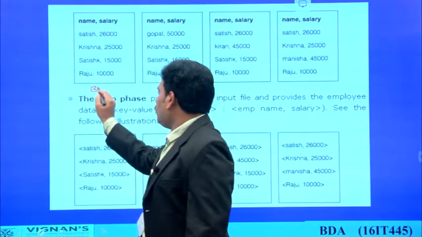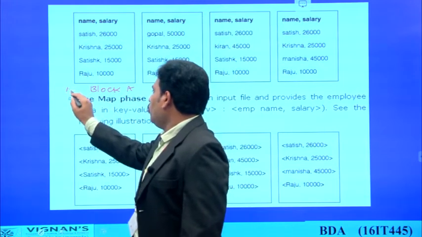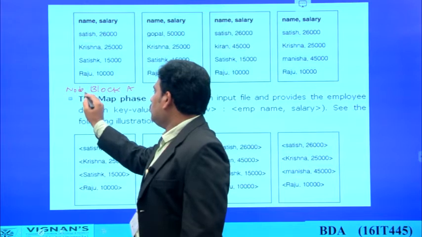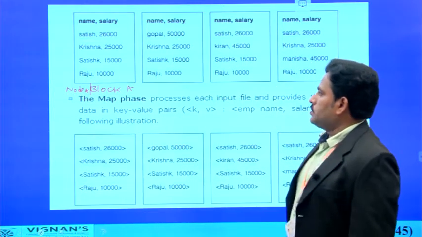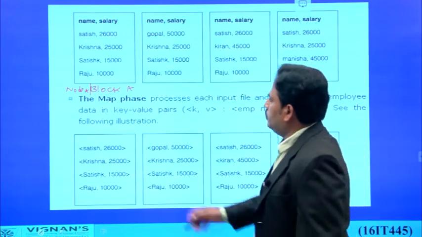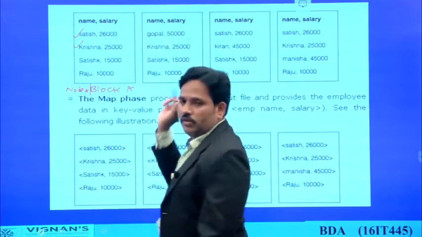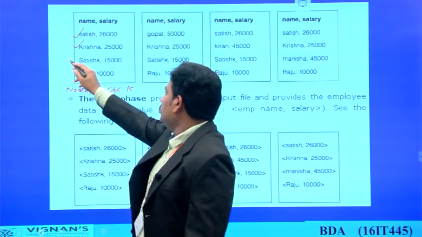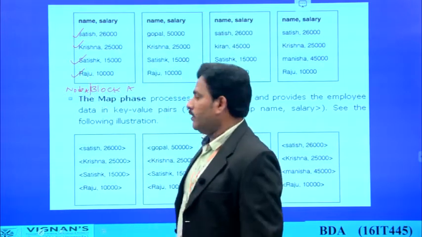In this first block we are having block A, or you can say node A. In this node A we are having 4 records of 4 unique employees. First one is Satish, whose salary is 26,000. Krishna, whose salary is 25,000. Satish, who is drawing a salary of 15,000, and Raju, who is drawing a salary of 10,000.